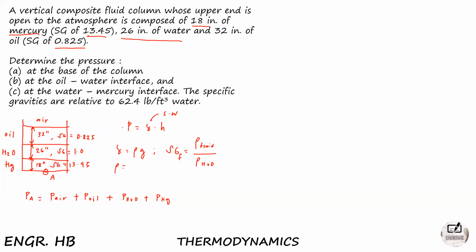So density is equal to specific weight divided by gravity. Since SG is the ratio of densities, to get the specific weight of the given fluid, it is also equivalent to the specific weight of the fluid, let's say F, divided by the specific weight of water. Let's just write W, no, let's change it to weight.